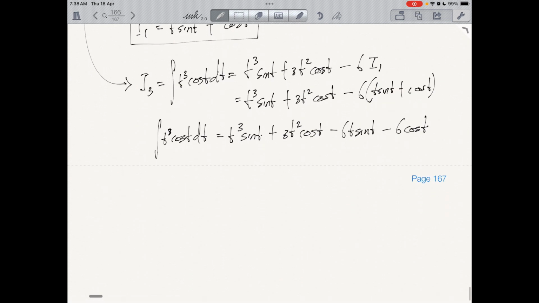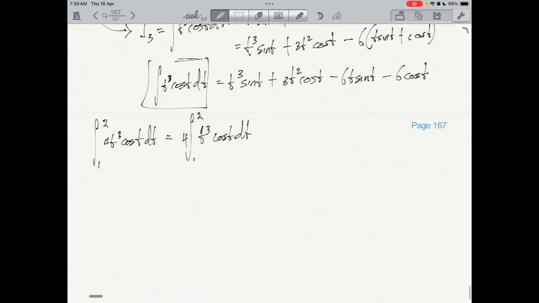Now, having evaluated this using the reduction formula, the question which says the integral from 1 to 2 of 4t^3 cos t is equal to 4 times the integral from 1 to 2 of t cubed cos t dt.